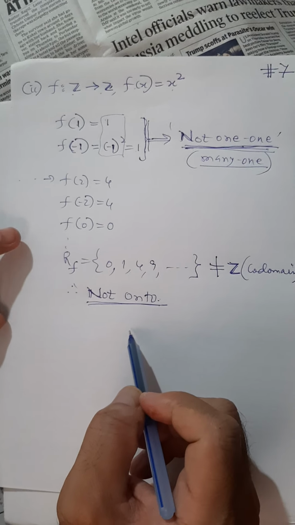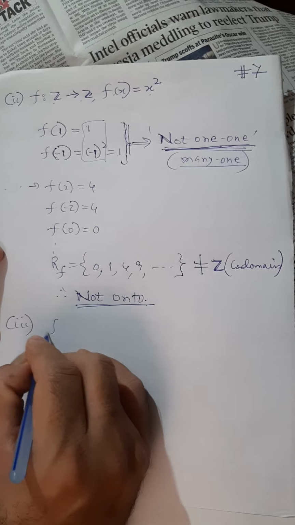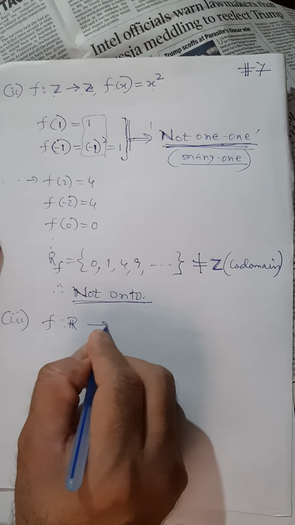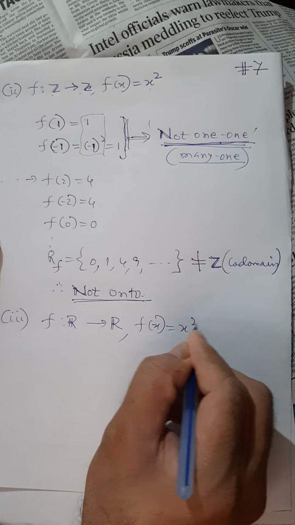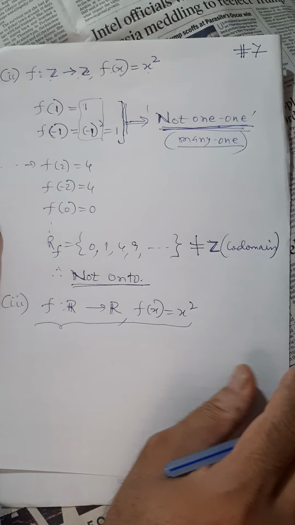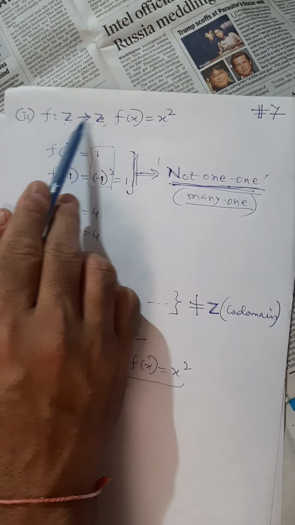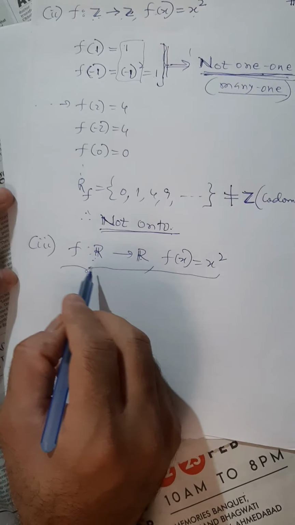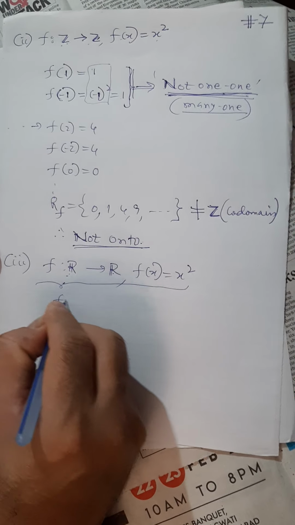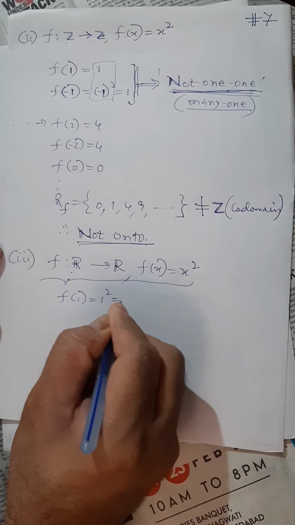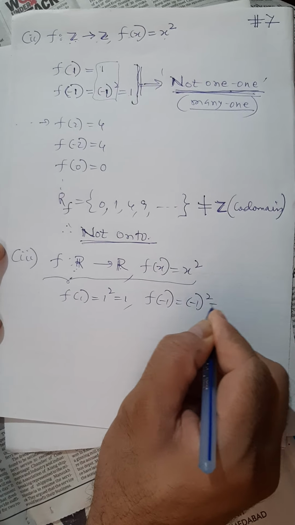There are 3 more examples. If I go for one more, the third one, f from real numbers to real numbers. All these things you did in 11th, you can just recall here. Here domain and codomain are R, earlier the domain and codomain were Z. So here you can take the same example. f(1) is 1 squared, which is 1. f(-1) is (-1) squared, which is 1.